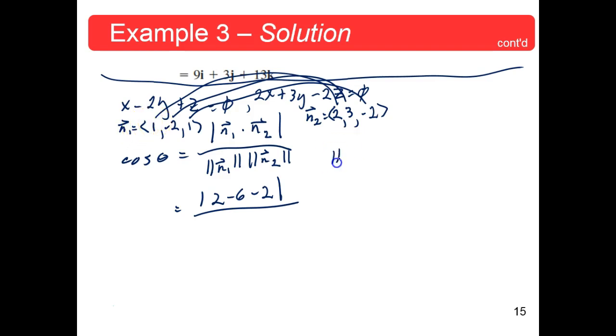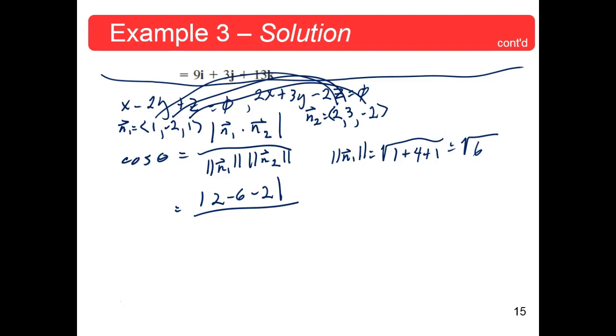Remember what that is? Magnitudes are always a square root. Square root of what? 1 squared is 1. Negative 2 squared is 4. 1 squared is 1. So that's the square root of 6.